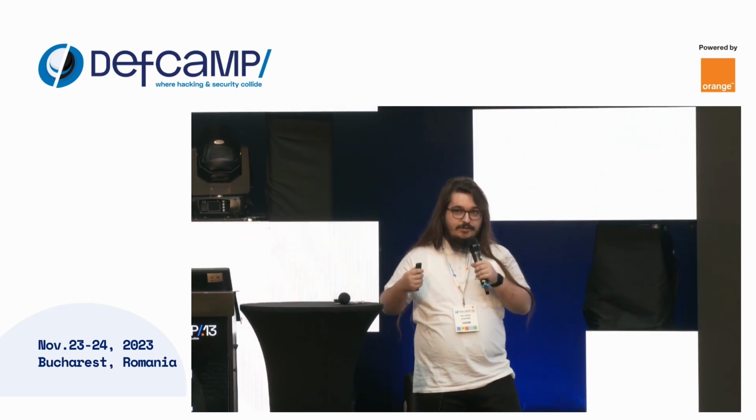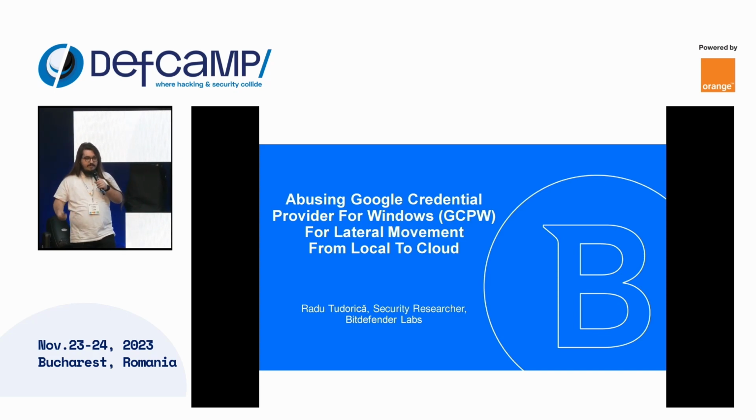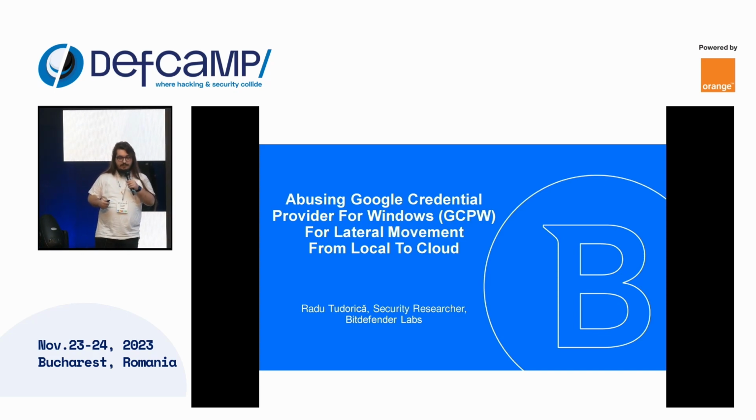I'm a security researcher for Bitdefender Labs, and today I'll be presenting my research regarding ways to do lateral movement from a local compromise to a cloud compromise. Essentially, what we'll be talking about today is a software called Google Credential Provider for Windows, that from now on I'll be referring to as GCPW.